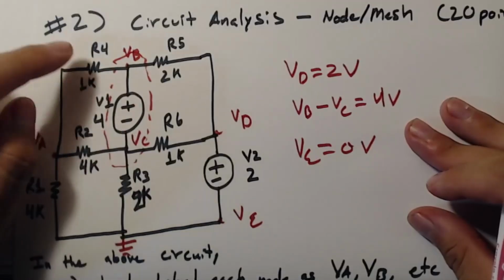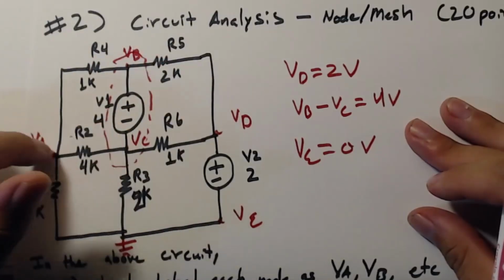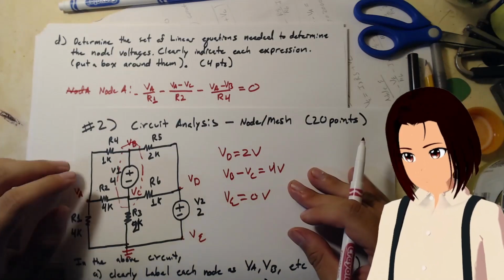Out of this one node, how many currents are coming out? We have 1, 2, 3, 4, 5. All right, let's just write the equation.